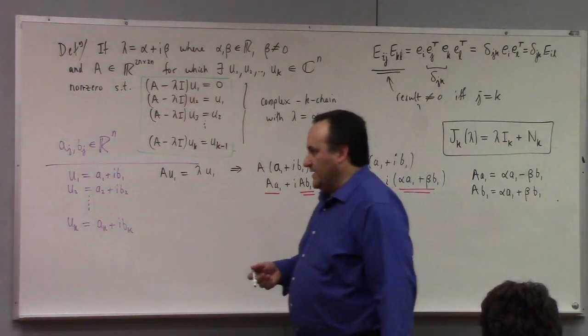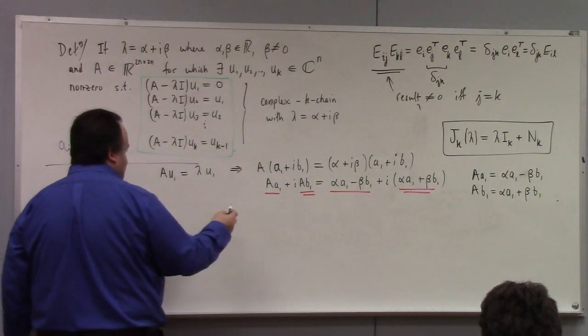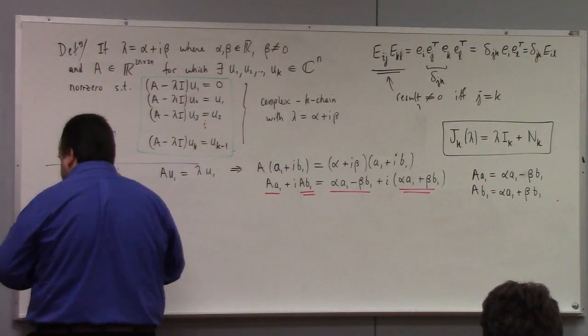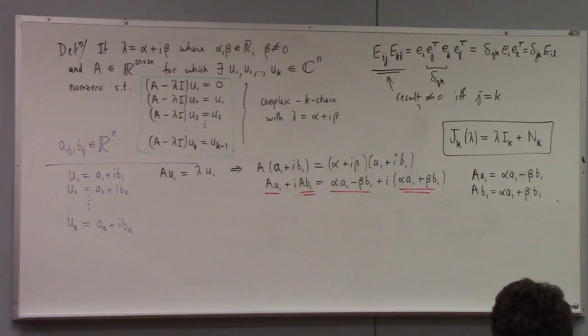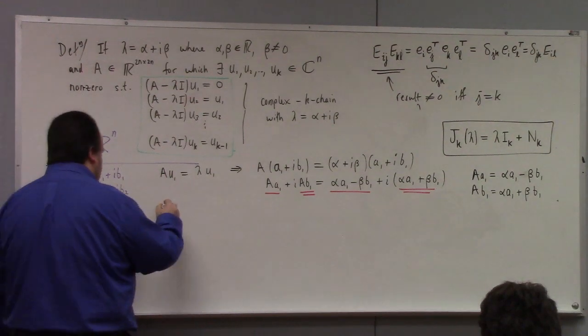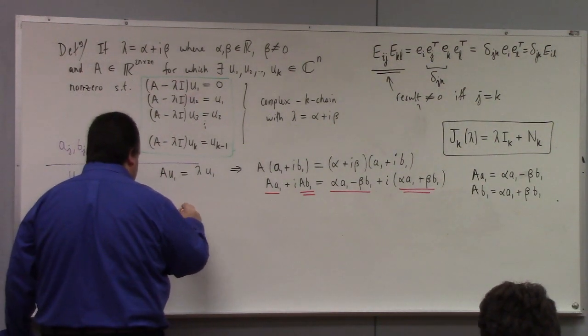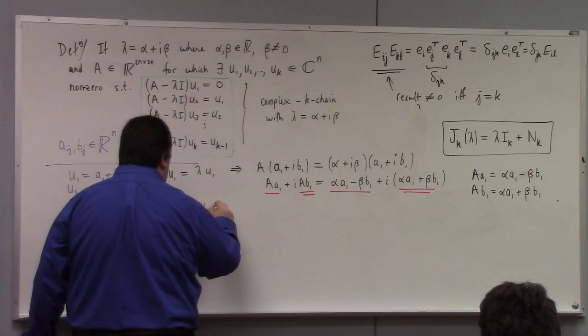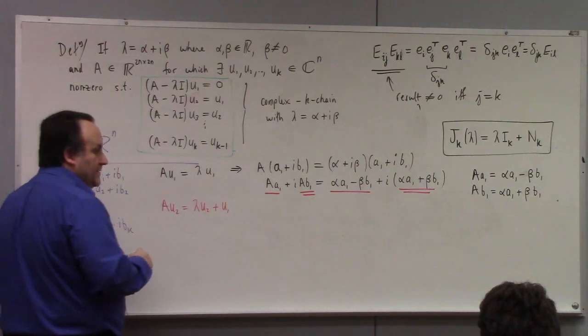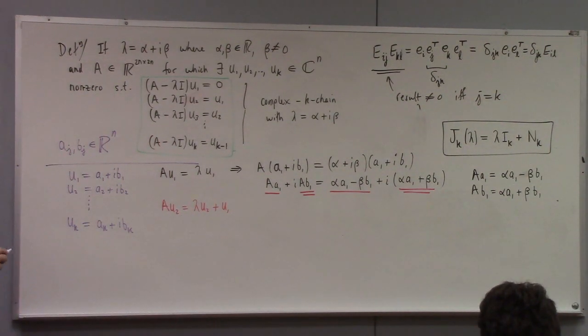Now let's work out the second one. What's the second thing down here? We've got the generalized eigenvector of order 2, u2, right? But now it's a complex generalized eigenvector, all right? So that gives me, if you look at it, A u2 is equal to lambda u2 plus u1, you see? Plus u1.